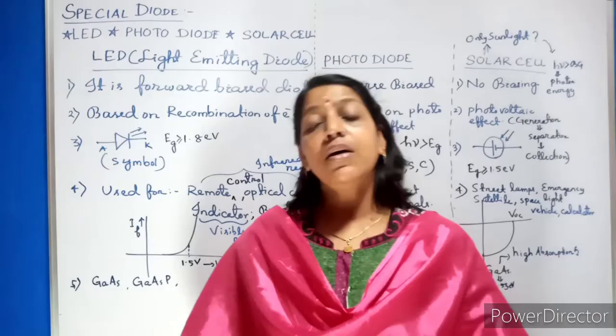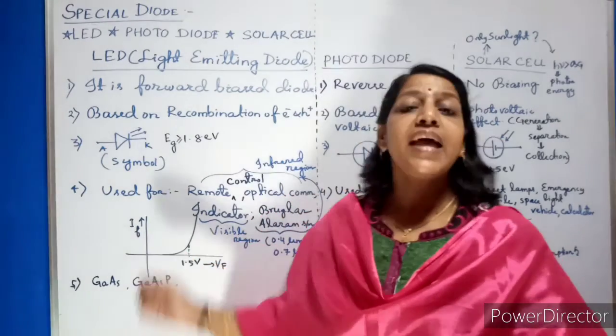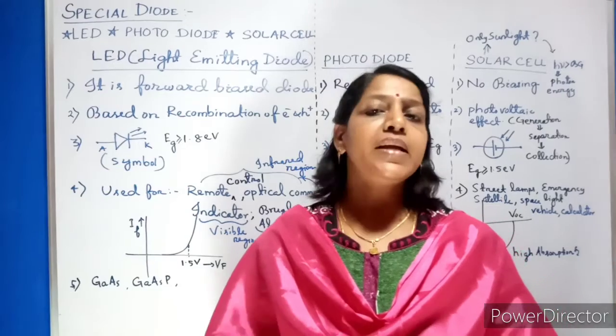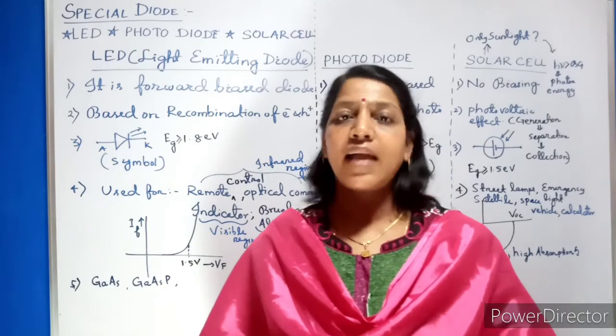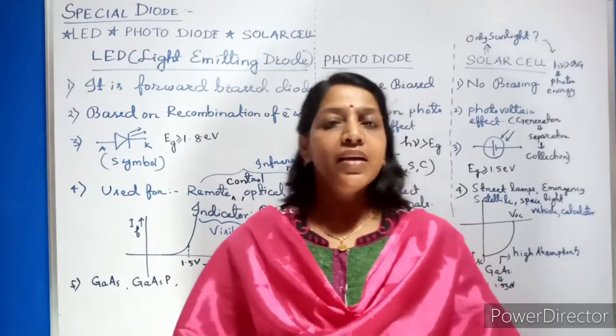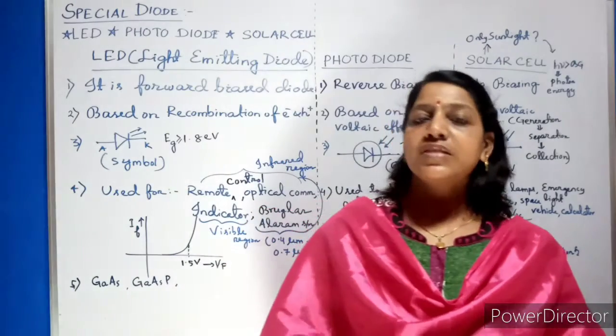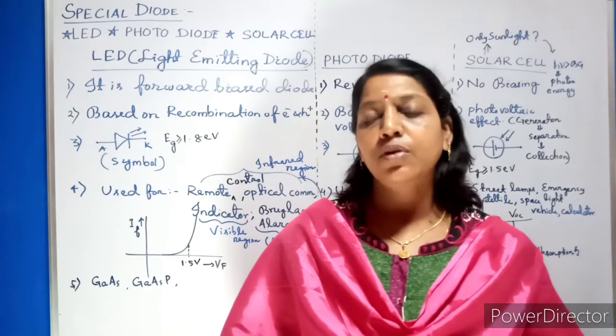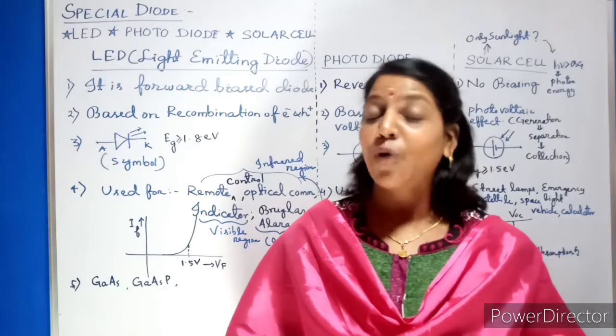Fine. Now coming to the VI characteristics of the LED. It is the same as the ordinary PN diode. It has the same characteristics in forward bias. The only difference is that in an ordinary diode, silicon turns on at 0.6 to 0.7 volt, whereas germanium at 0.2 to 0.3 volt.